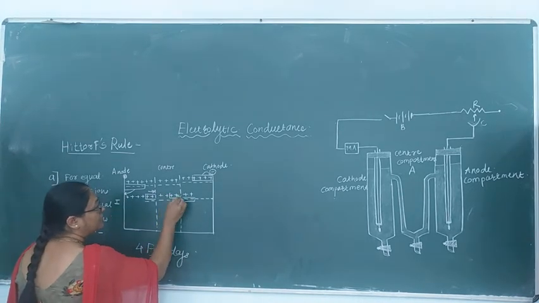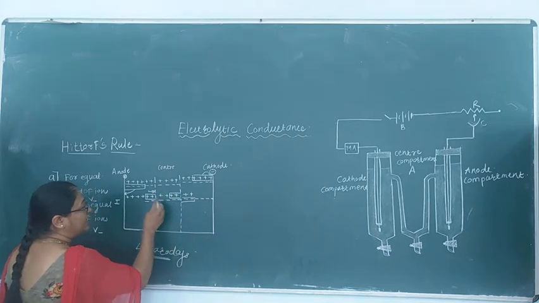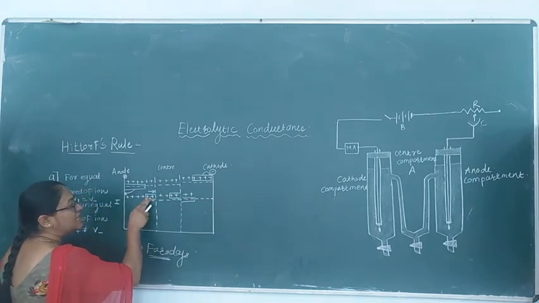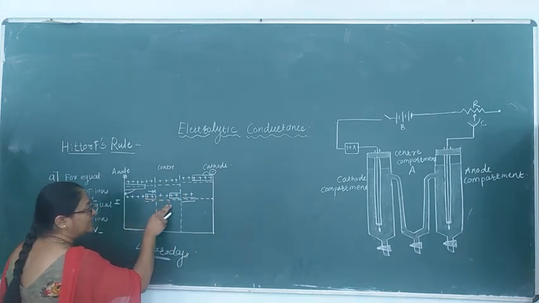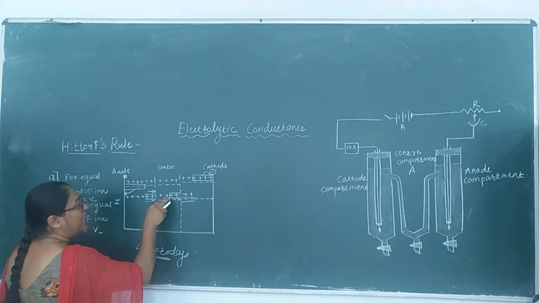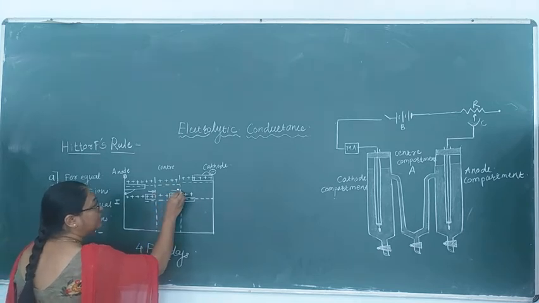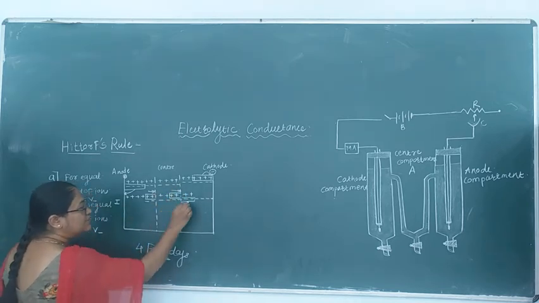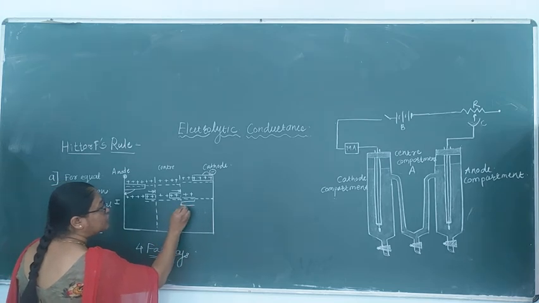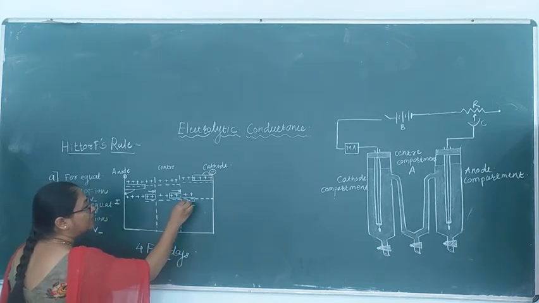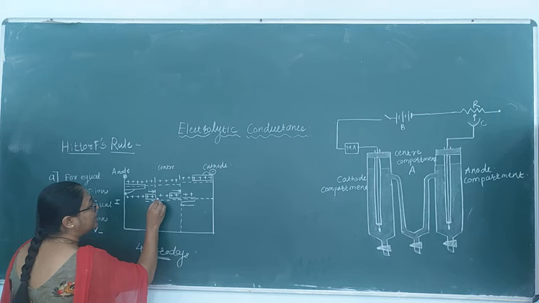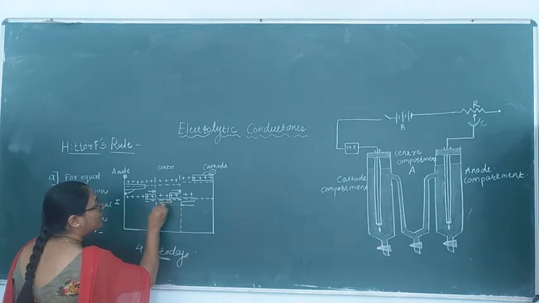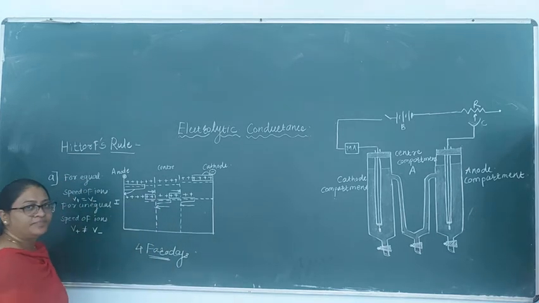Therefore, during this migration, these 2 positive charges will go first to the central compartment, and from the central compartment they will migrate to the cathode. Similarly, these 2 negative anions will migrate to the central compartment first and then to the anode compartment.